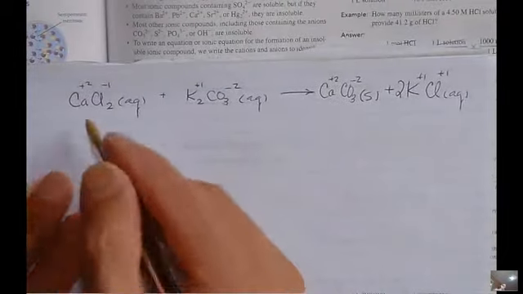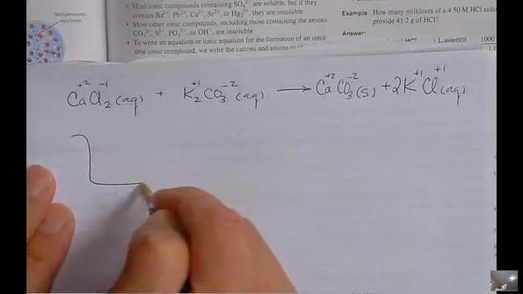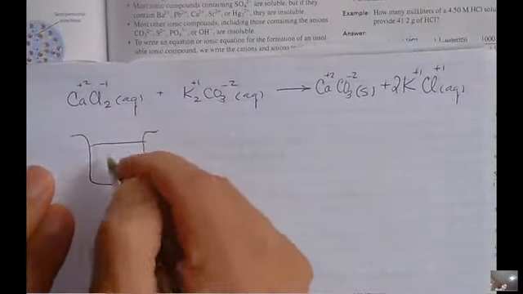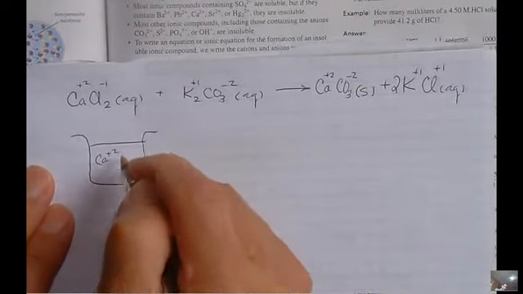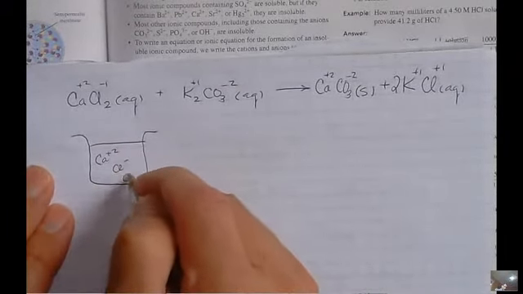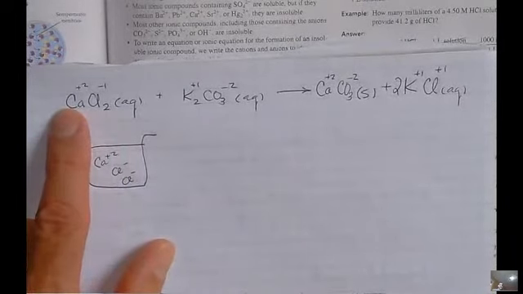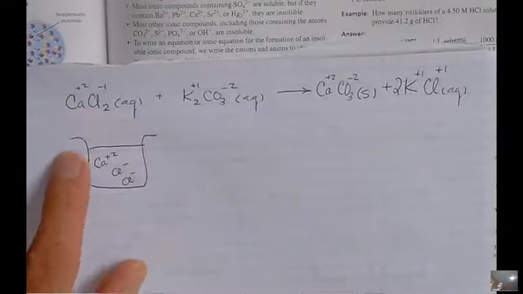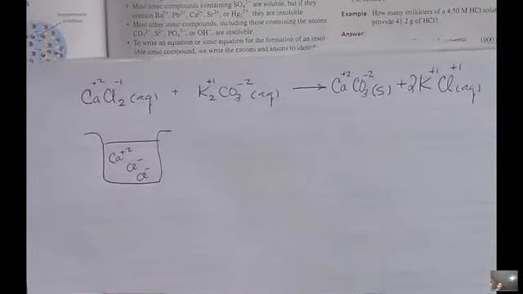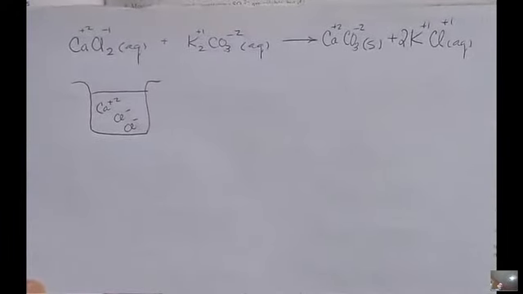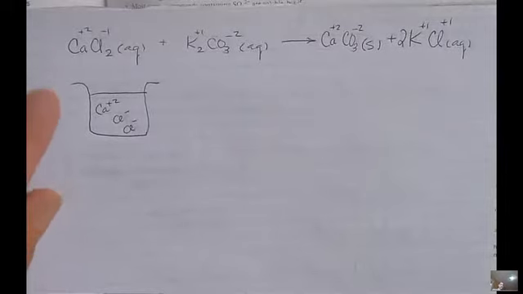Okay, let me show you what's really happening. Here's my beaker on the left. It's got calcium ions floating around and chloride ions floating around. And there are 2 of these for every 1 of those when it breaks down. When this breaks down, it breaks down into its individual ions. So this top reaction is called the overall reaction.